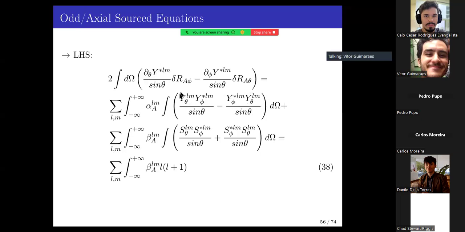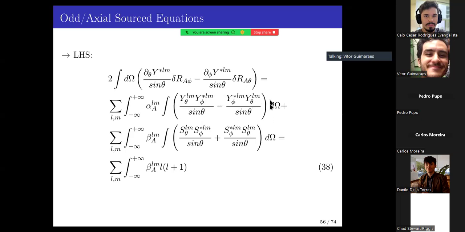It should be y theta star here and y phi star here. But you can prove that they are equal: multiplying y star theta by y phi is the same as taking y star phi and y theta, in such a way that this element here goes to 0.